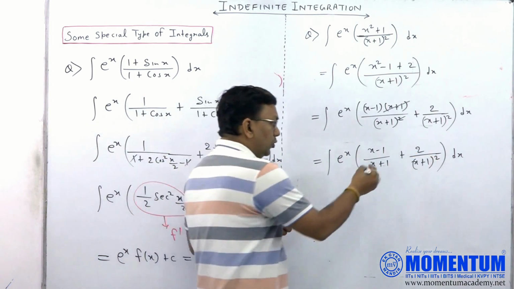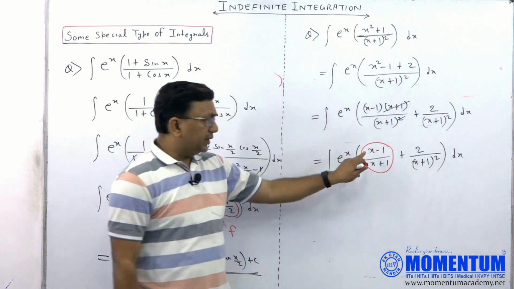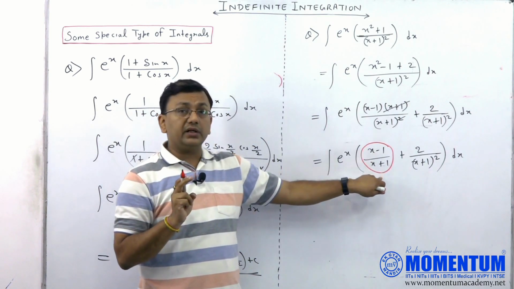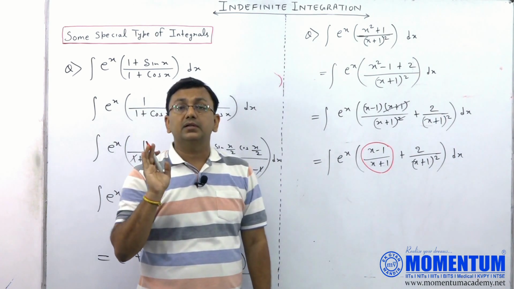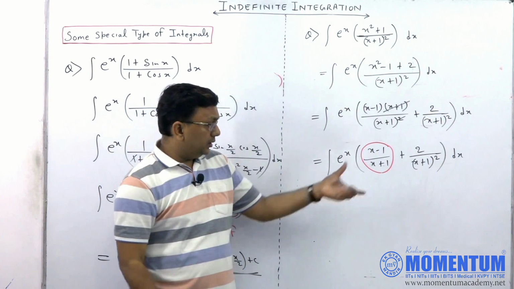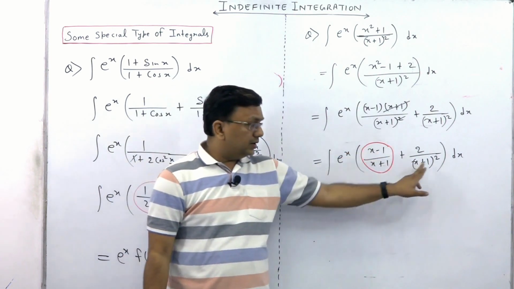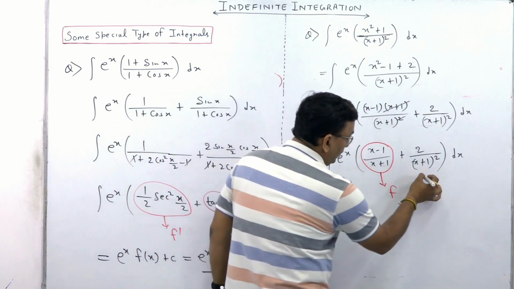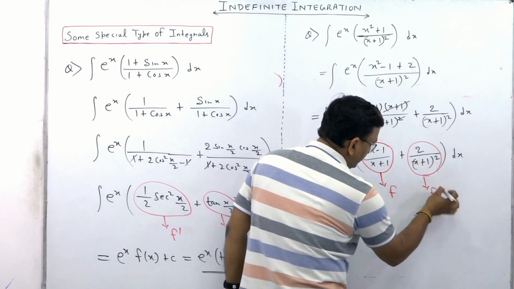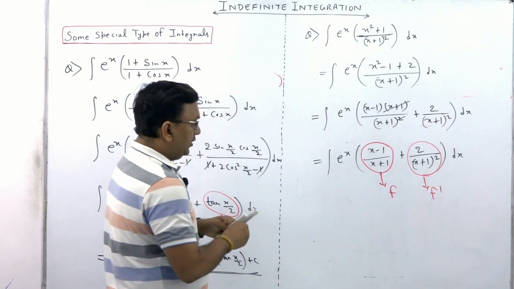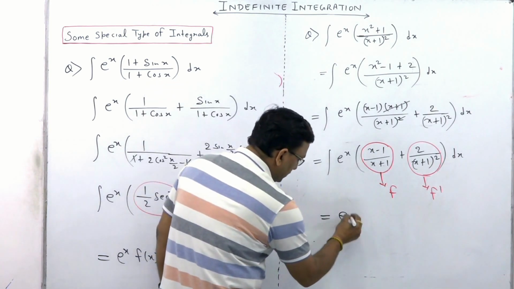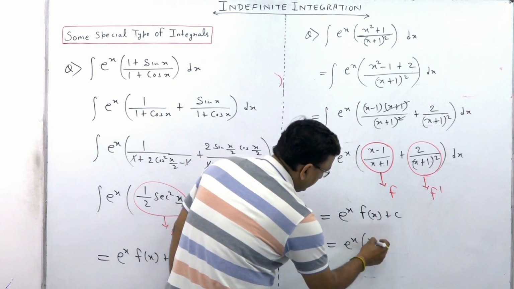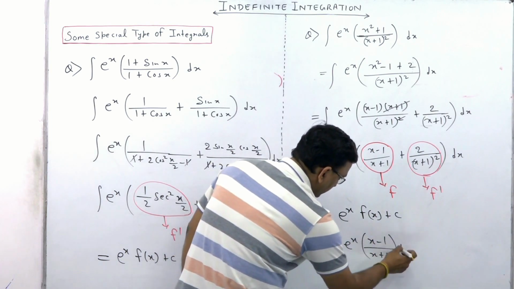Now, it is a ratio of two linear expressions. A few days ago I told you, what do you get on differentiating a ratio of two linear expressions? Constant upon denominator square. This is a ratio of two linear expressions, and here what is there? Denominator square. You can check, if we call it f, then this whole term is f dash. So once again we have formed e to the power x times function plus derivative. So our answer is e to the power x f of x plus c, that is e to the power x times x minus 1 divided by x plus 1.